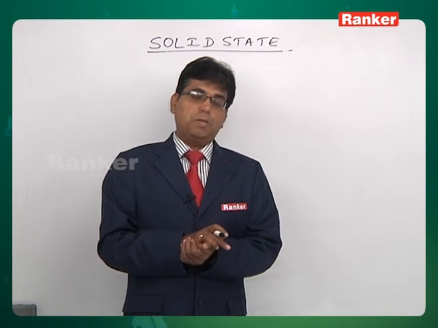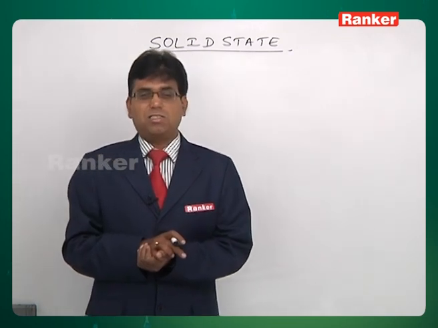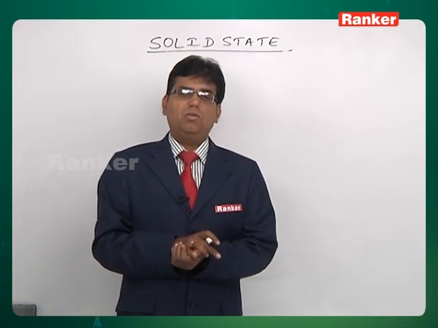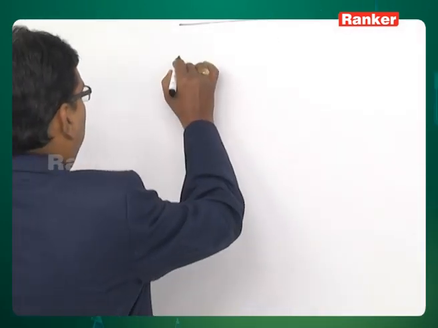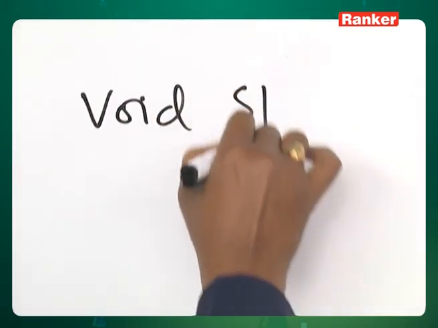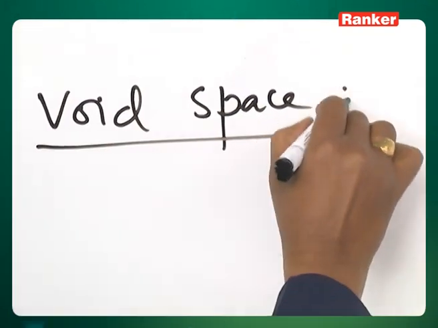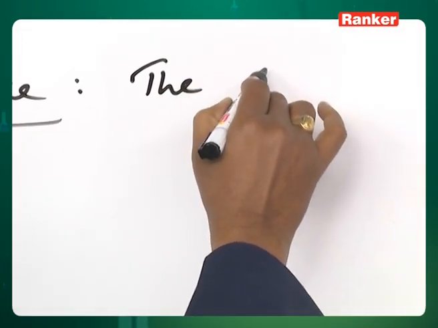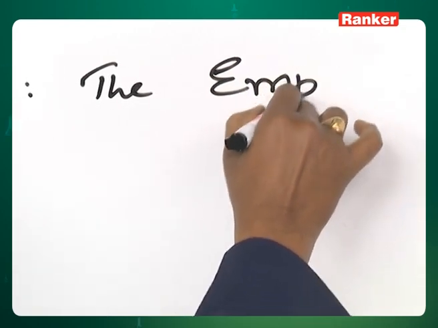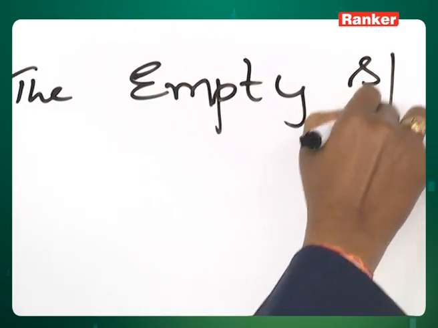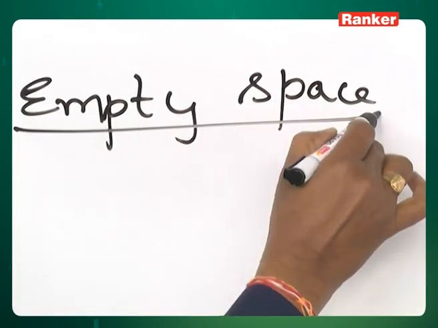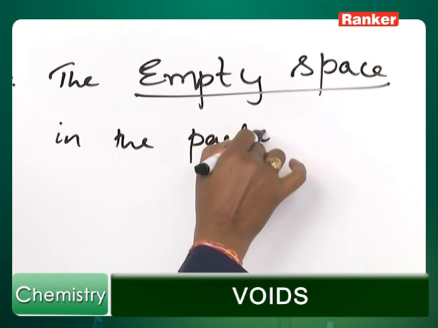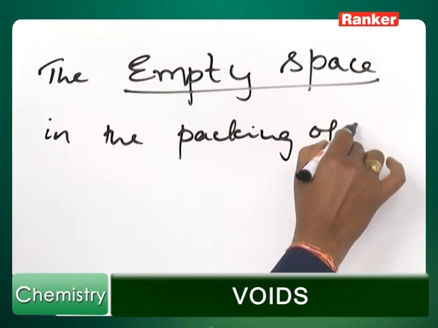These empty spaces in any type of crystal lattice are what we call voids. So, void space is nothing but the empty space in the packing of the crystal lattice.